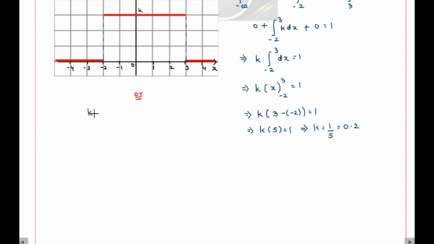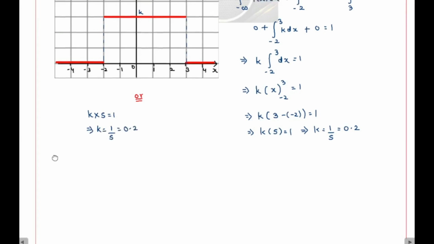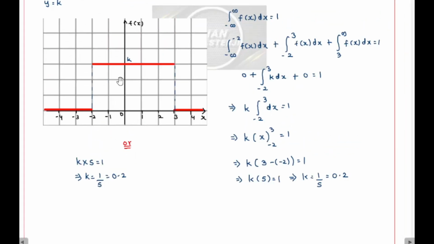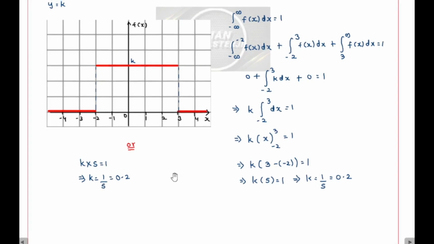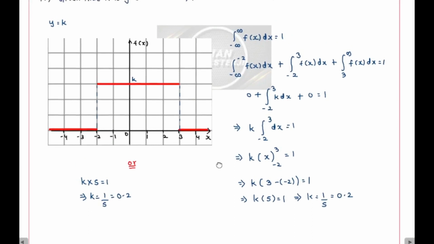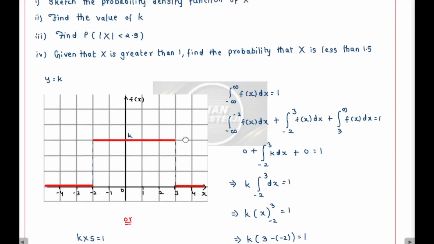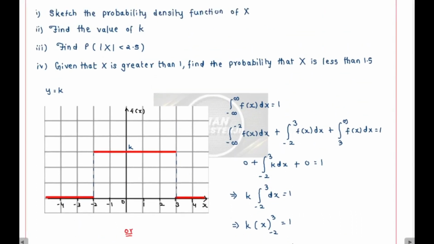So that means k into 5 has to be equal to 1. It means k has to be equal to 1 by 5, which is equal to 0.2. So many a time the geometry helps us to find out the value of the unknown much faster compared to the integration. So this answers the second part of the question also.